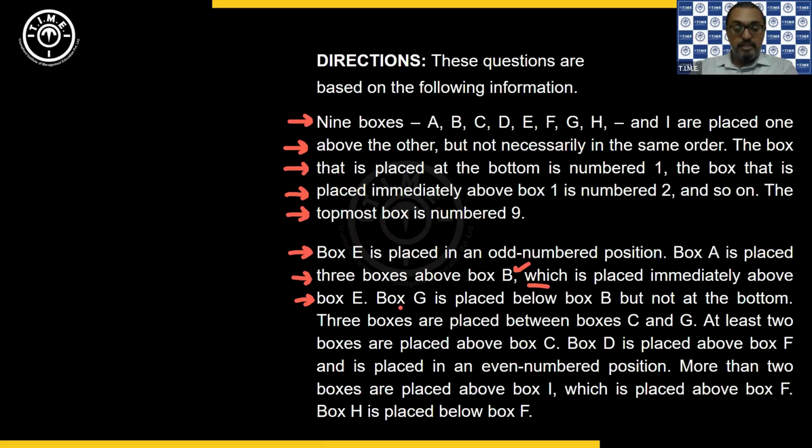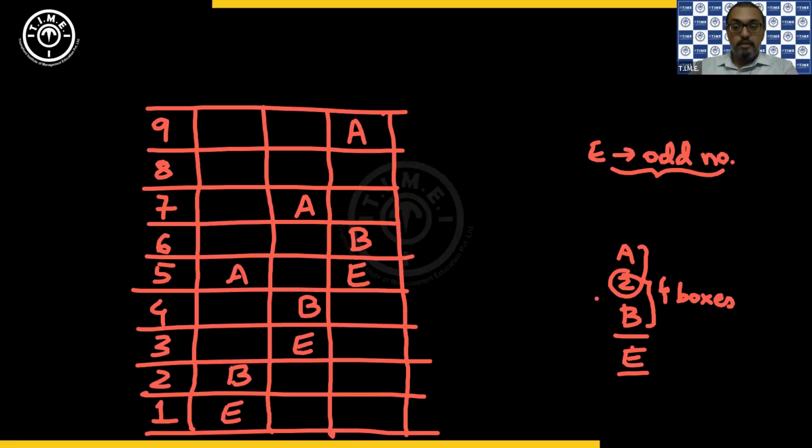Then immediate next he says box G is placed below box B, but not at the bottom. So G has to come below B, but G is not 1. Now I can straight away rule out the first possibility because below B there is only 1 box and that already is E. So it is not possible.